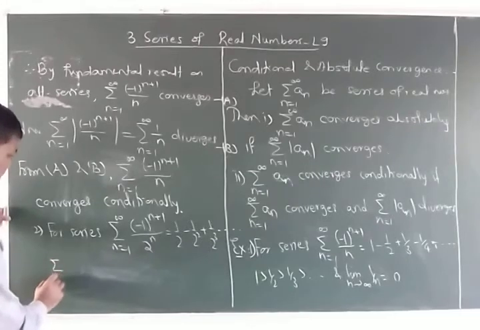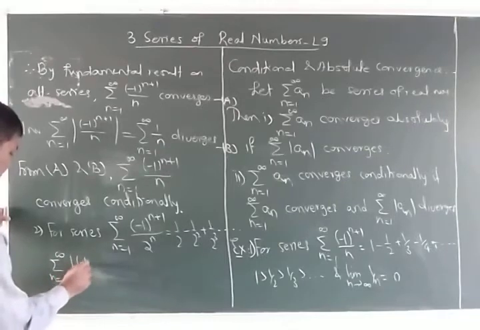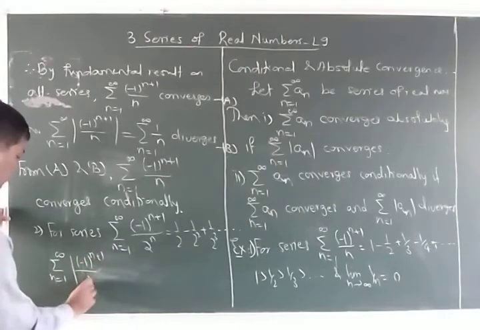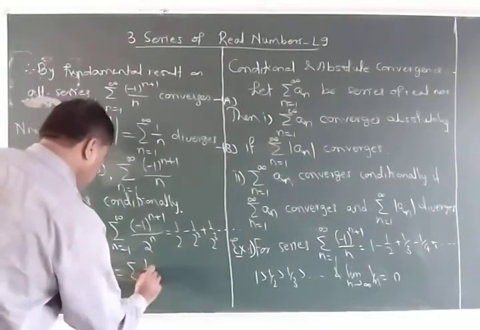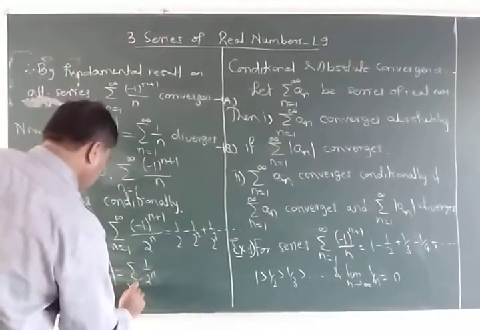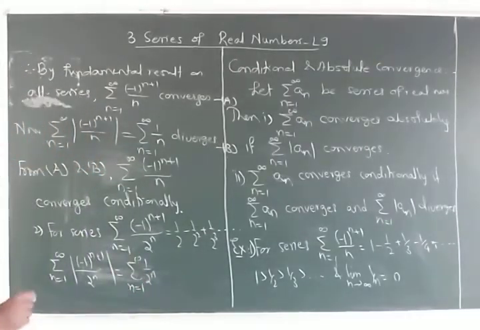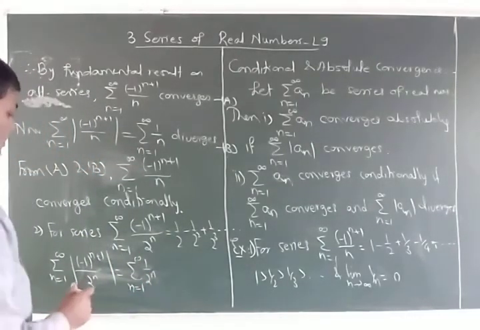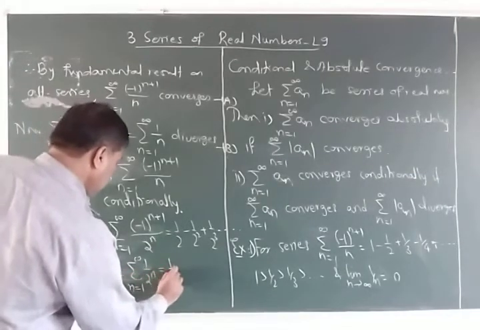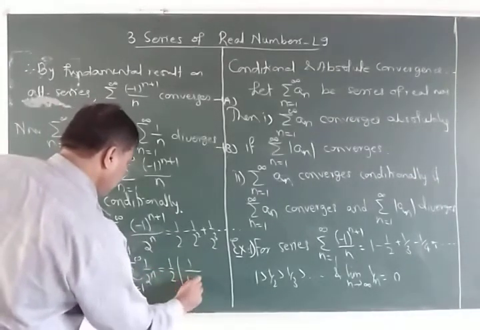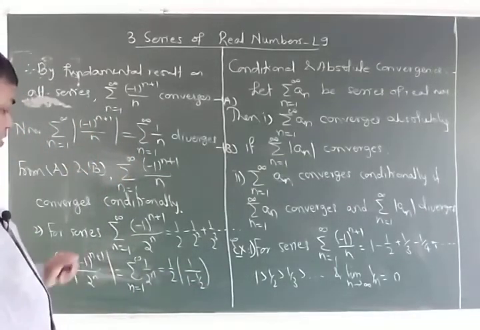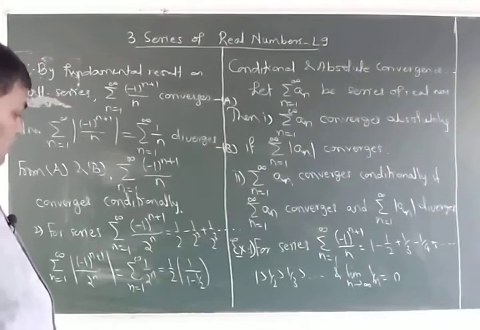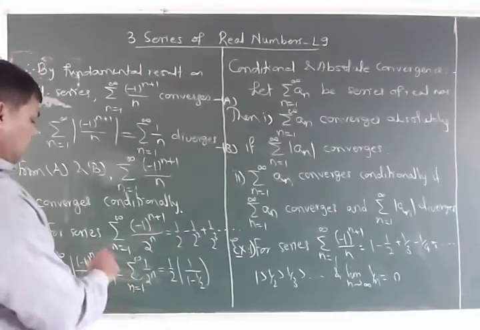Summation of n equal to 1 to infinity mod of minus 1 raised to n plus 1 upon 2 raised to n is equal to summation of 1 upon 2 raised to n. This is nothing but half times 1 upon 1 minus half. Is it clear? Which is nothing but 1.